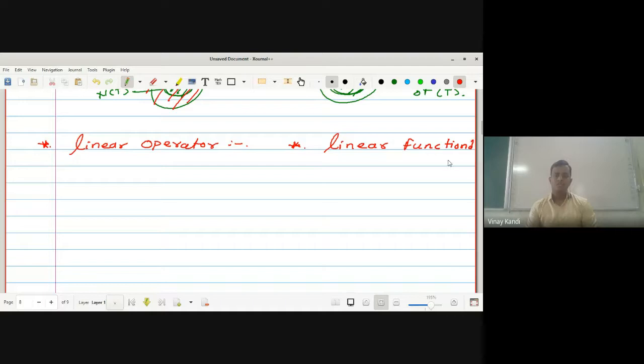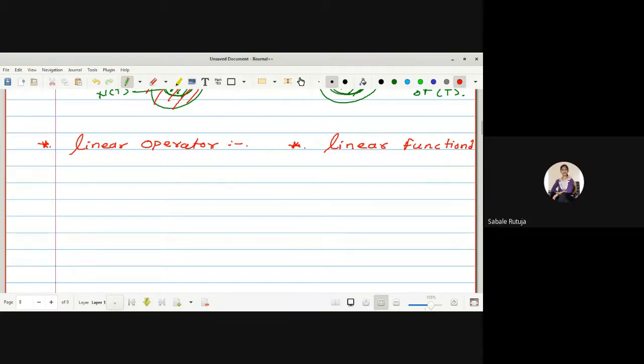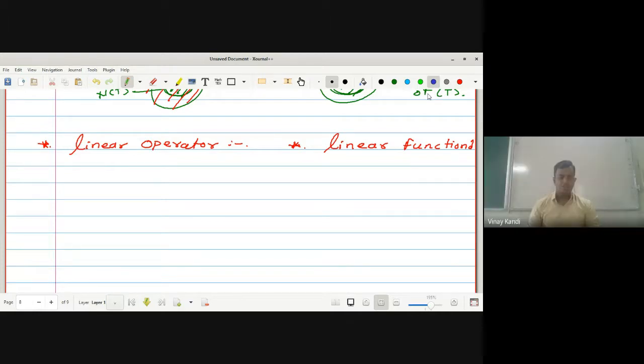Functional analysis lecture झाला ना? Not yet. No, sir. Introduction दिली फक्त. Okay. So linear operator is nothing but our domain and codomain are the same. In the linear transformation, if domain and codomain are both the same, then that linear transformation is nothing but a linear operator. And the linear functional means our codomain is a field, not a vector space.